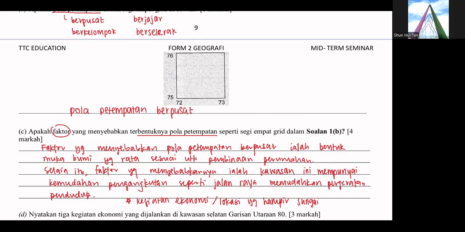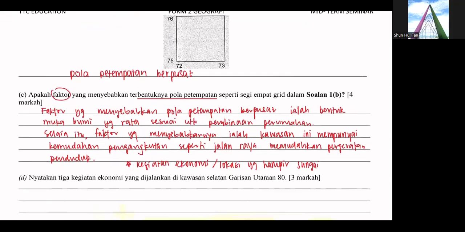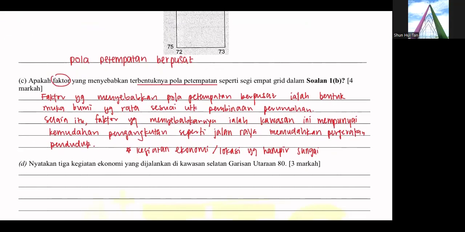Now, other than this, in your peta question, they might also ask a question like the next one. Nyatakan tiga kegiatan ekonomi yang dijalankan di kawasan selatan Garisan Utara AD. Now, here, first, they want you to tell me kegiatan ekonomi where?